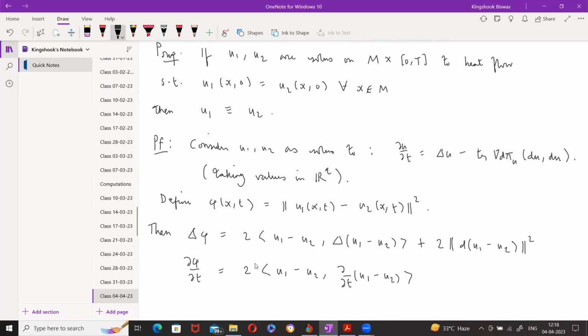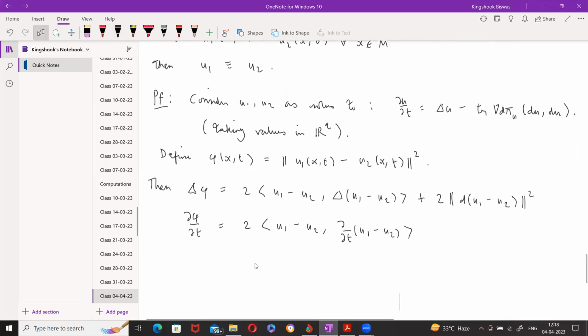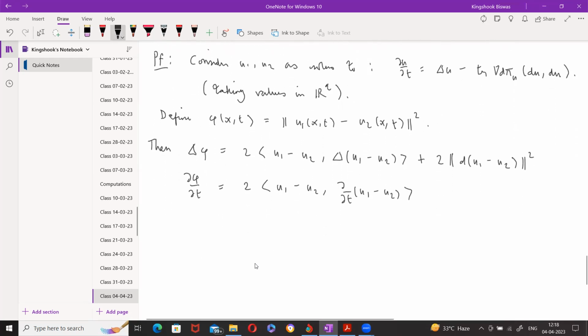Okay. So let me look at the heat operator acting on phi. That's the operator Laplacian minus del del T. So this acting on phi will give me twice inner product U1 minus U2, and then I'll get Laplacian minus del del T acting on U1 minus U2, right?